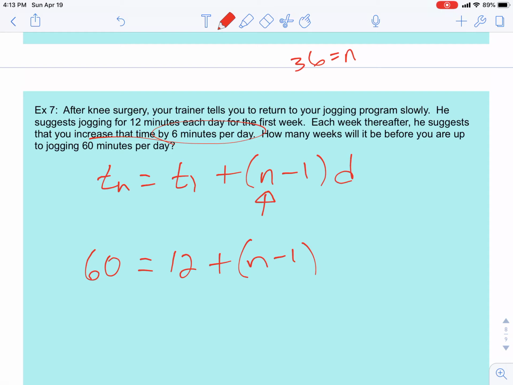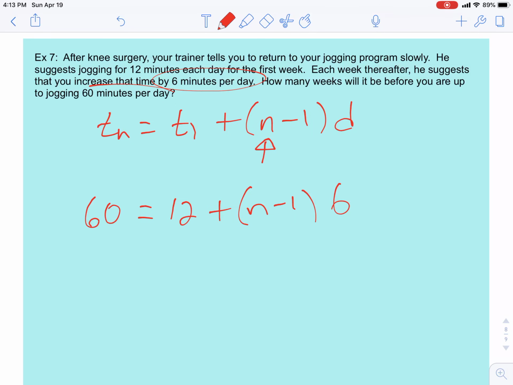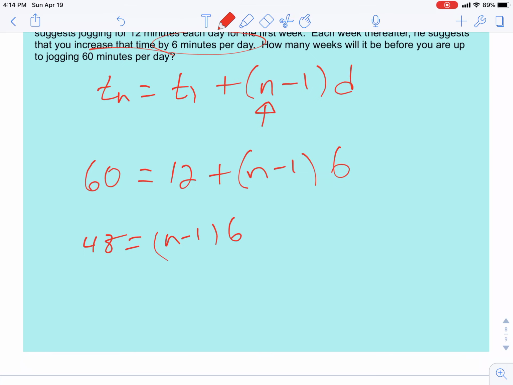Don't know n yet, and then our common difference is 6. So then subtract the 12. Divide by 6. And then add the 1, which is equal to 9.